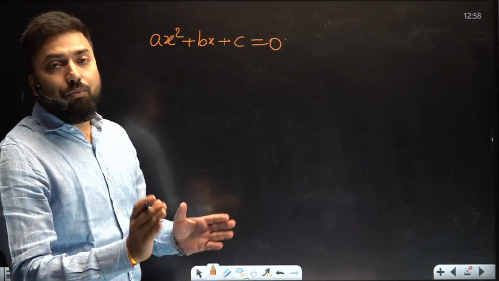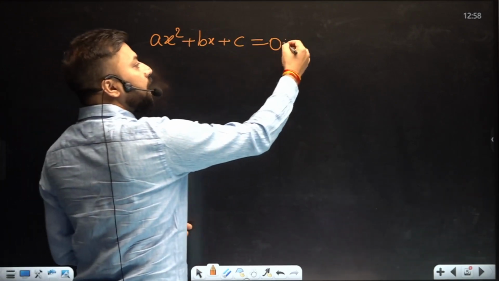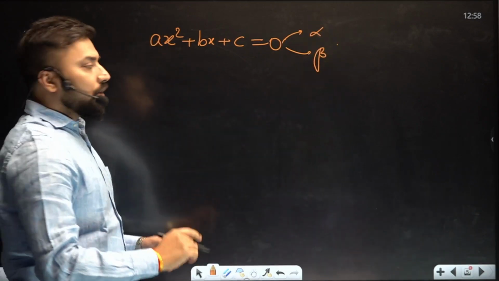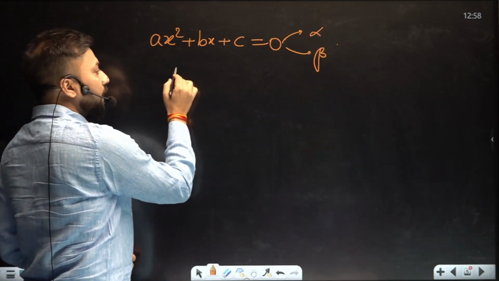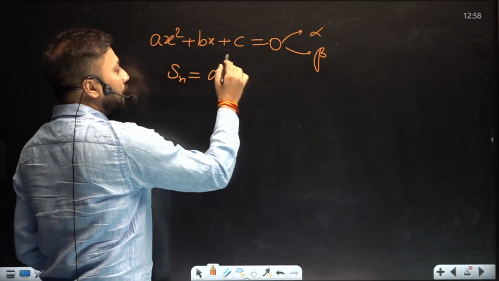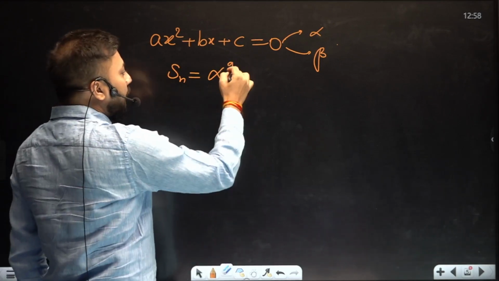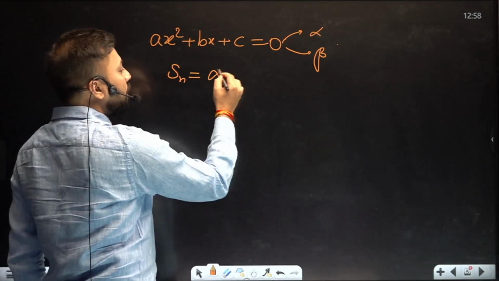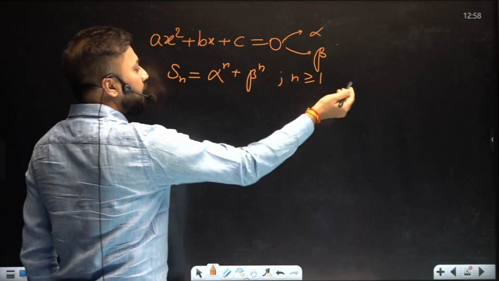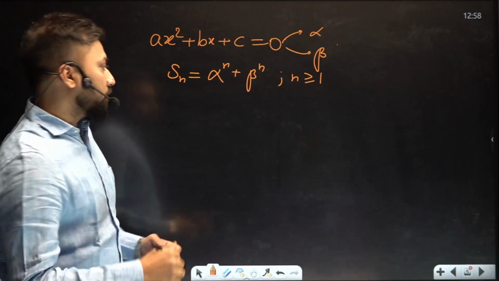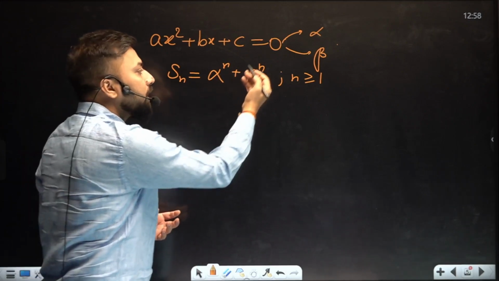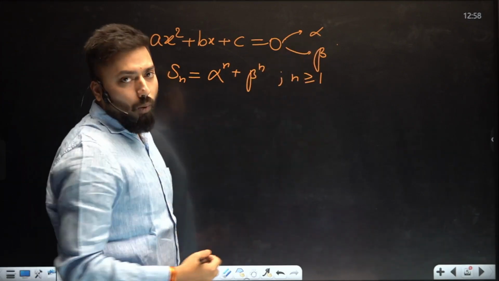If this is a quadratic equation and the roots are alpha and beta, then we define an expression Sn, which is equal to alpha raised to power n plus beta raised to power n, where n is a natural number, n greater than or equal to 1.